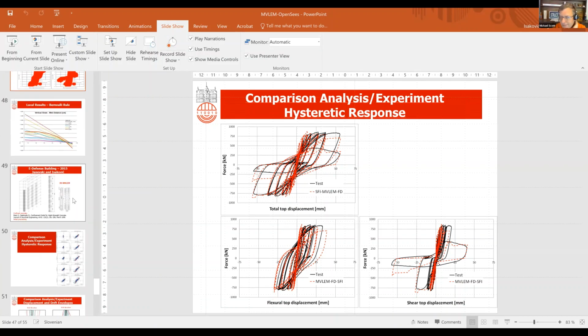Well, it was possible to simply define the degradation of the parameter here. The dowel effect was the most important, and it was possible to define this degradation, and that's how we obtain the proper response.